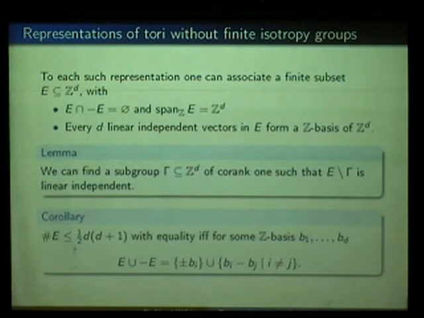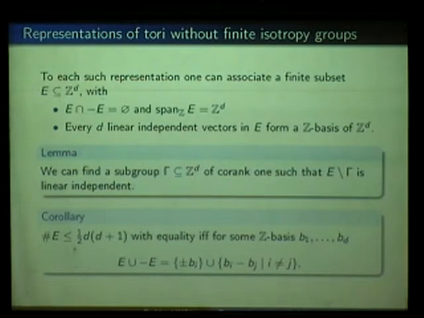For example, you can find a subgroup of co-rank 1 such that the elements of E outside this co-rank 1 subgroup are linearly independent. That's a very strong statement. For example, it gives you the optimal bound on E. A priori there's no upper bound for the set E, but it follows automatically that the order of this set is at most D times D plus 1 over 2. And you can do an equality discussion.